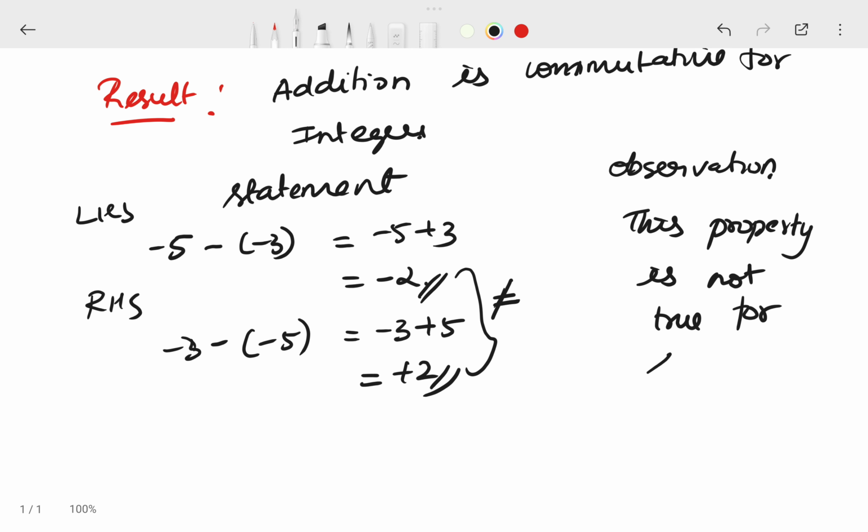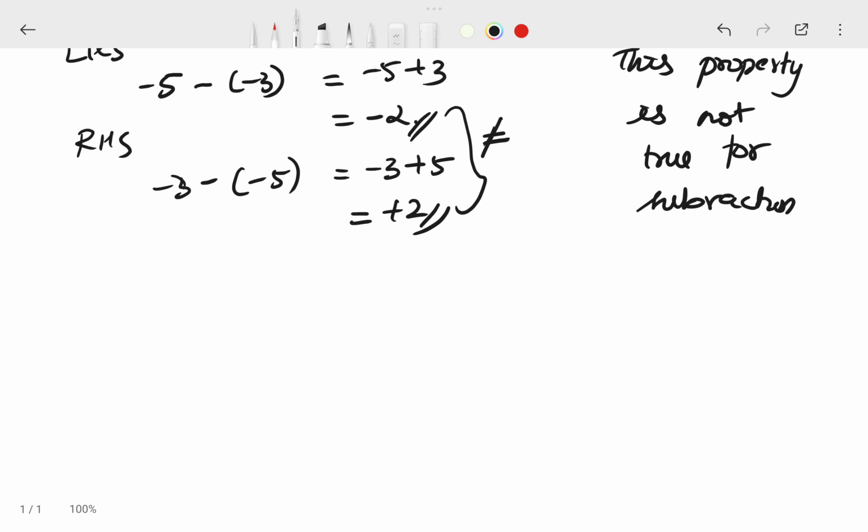We'll take another example. Let's say -2 minus -10, this is the LHS, which equals 8.